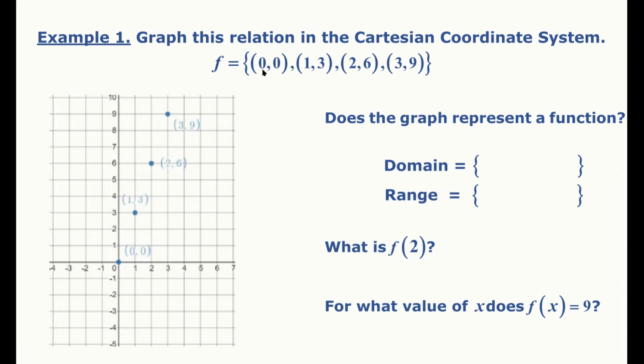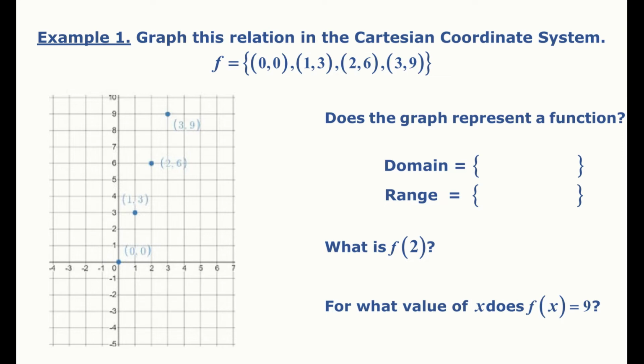So here we're plotting the ordered pair (0, 0), which is of course right there. Then (1, 3) is right there. (2, 6), right? And (3, 9). That's it. So we just plot those points and we have graphed this particular simple function which has a finite domain and finite range, which we will specify here now.